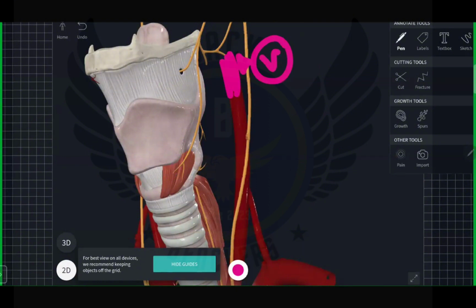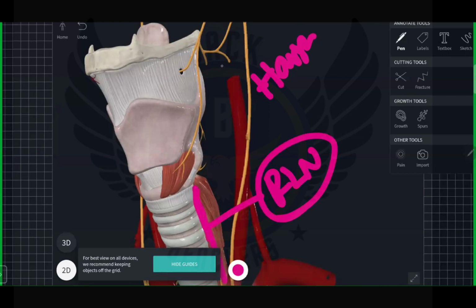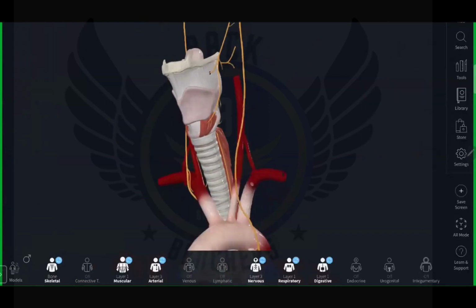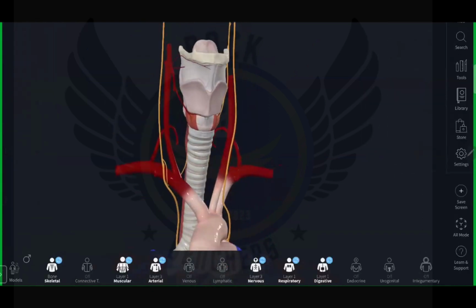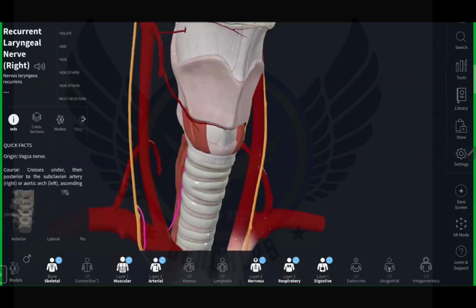And what will happen? If they say the person has hoarseness of voice, hoarseness is caused by unilateral recurrent laryngeal nerve injury, but the RLN is nowhere near this superior thyroid artery. You ligate here. How can you injure a nerve that is down there? Let me show you again. This is your superior thyroid artery, and this is your recurrent laryngeal nerve.